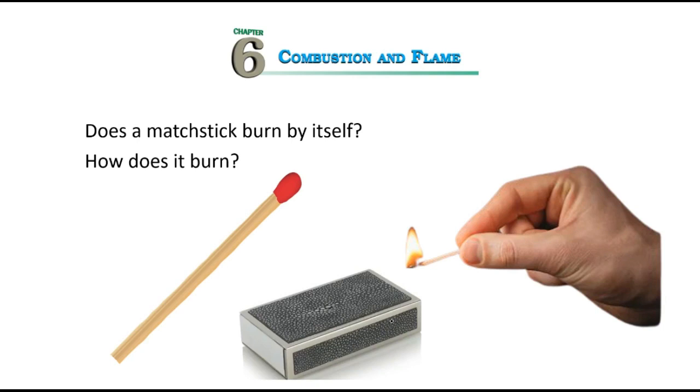We take a box and then rub it over this portion, right? And then it burns. And why do we do that? We know that when we rub this over a rough surface, due to friction, heat is produced, right?